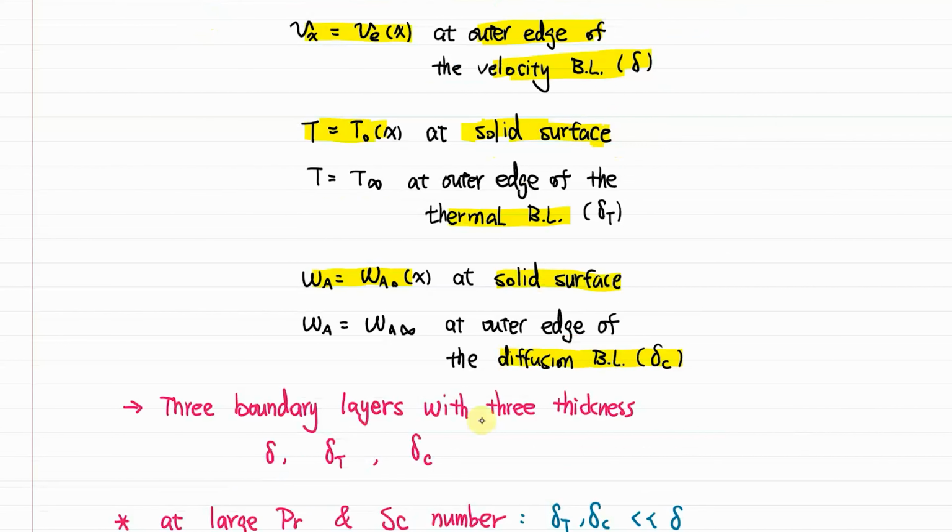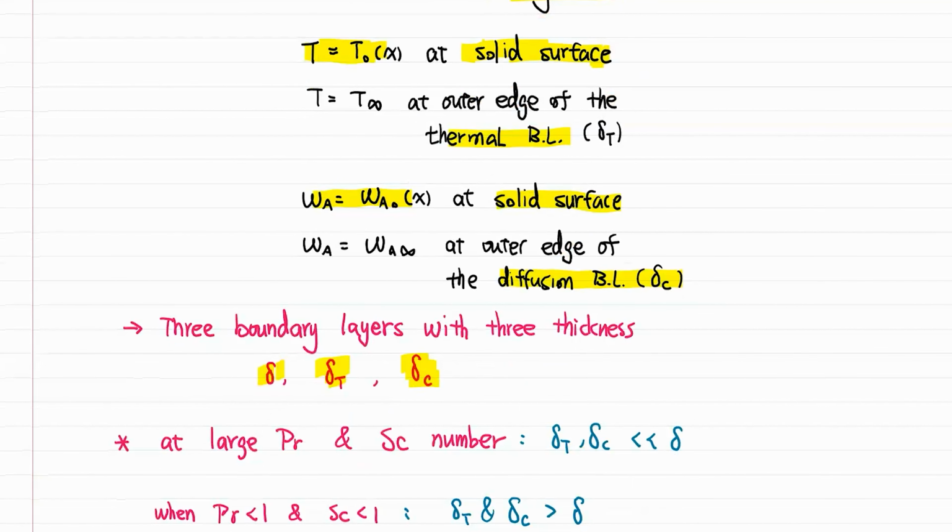And we use delta sub T and delta sub C to represent the velocity boundary layer, the thermal boundary layer, and the concentration or diffusion boundary layer. Before going into details, we already know that if you have a large Prandtl number, then that means momentum transfer is going to be slower than energy transfer.